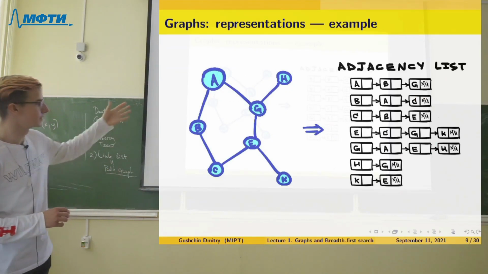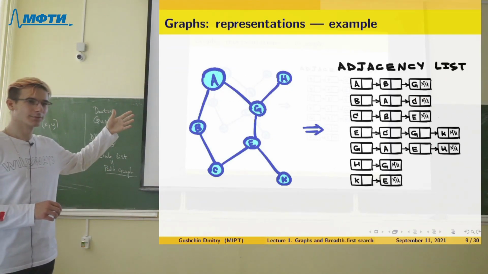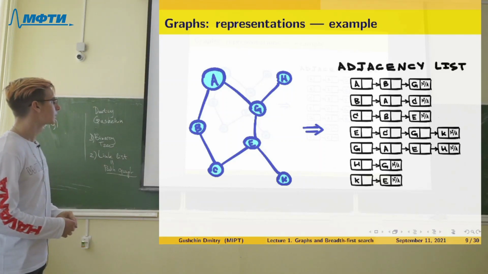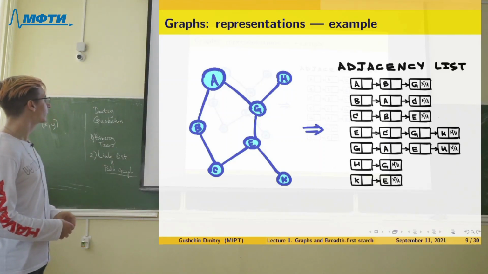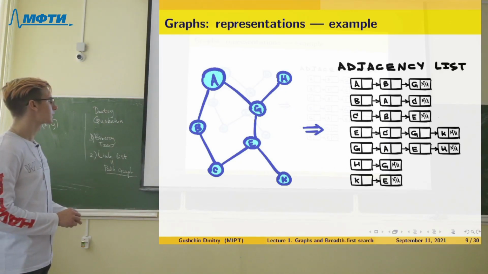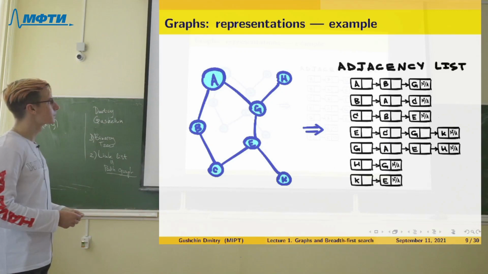It's a list of linked lists, where every row is equal to a vertex, and there are all vertices that are adjacent to that vertex.